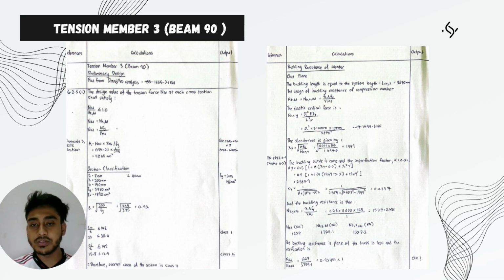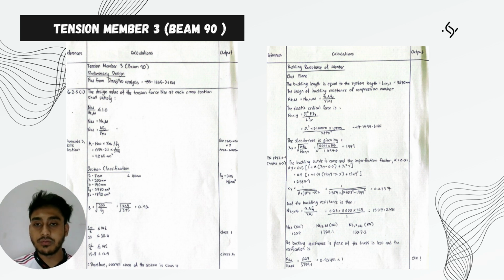So we move to section classification. As we can see in the calculation, we use fy as 275. After we calculate, the overall class that we get is class 4.